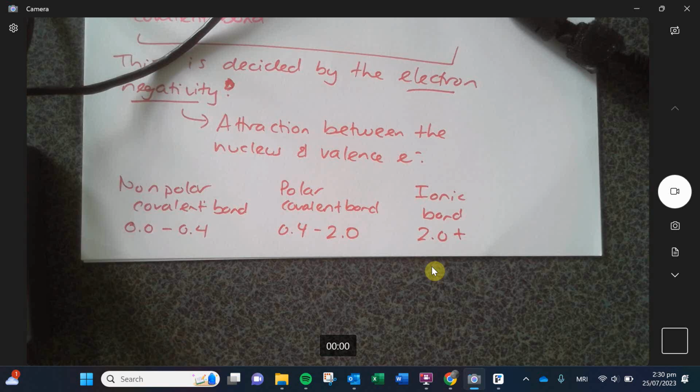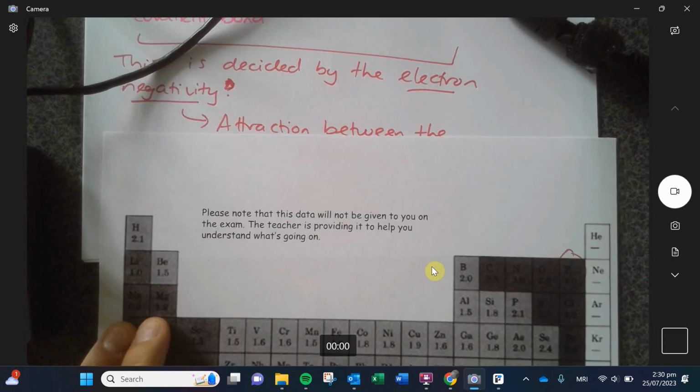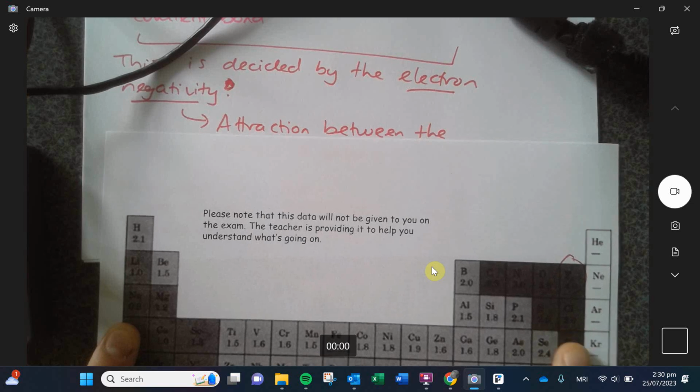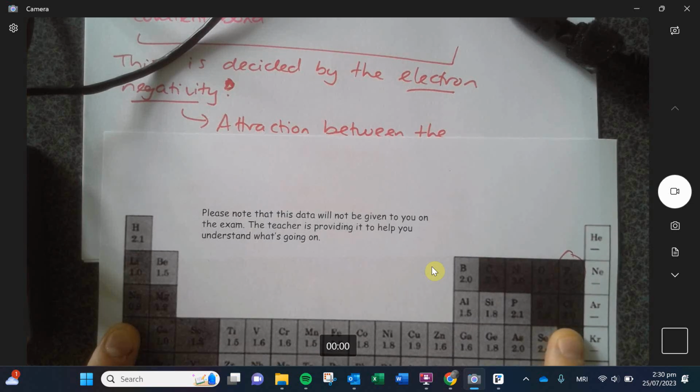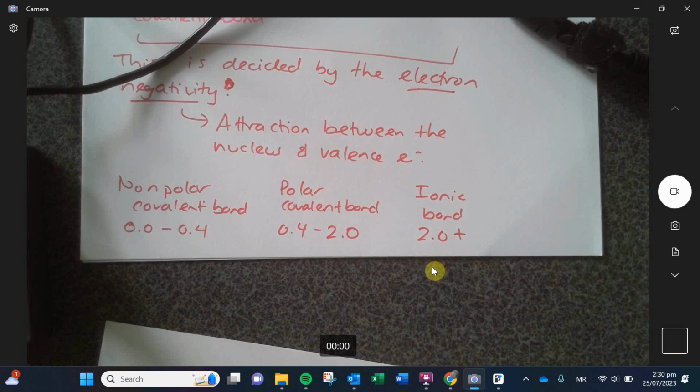For example, we often see sodium being paired with chlorine to form sodium chloride. Chlorine has an electronegativity of 3, and sodium has an electronegativity of 0.9. So if we do the subtraction, that would be 2.1, and that is greater than 2, so that's why that one forms an ionic bond.